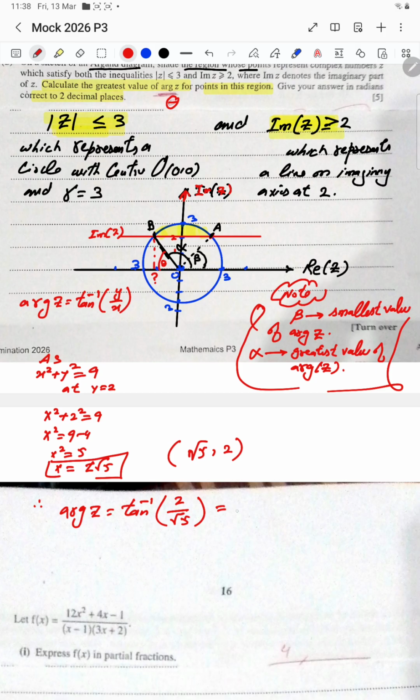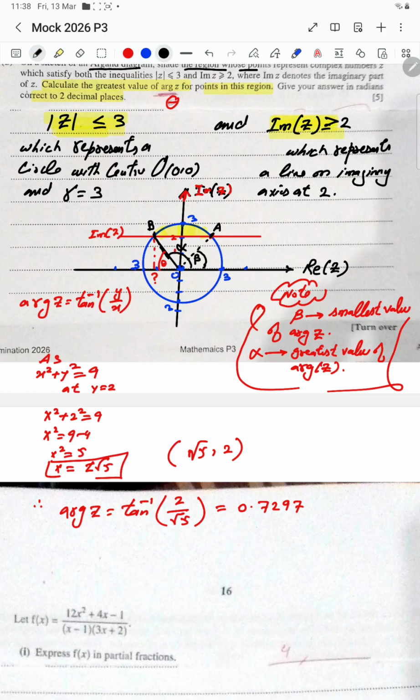So rise over run, 2 over square root 5. You can use a calculator in radian mode. I will get 0.7297, but this is theta, the red one.